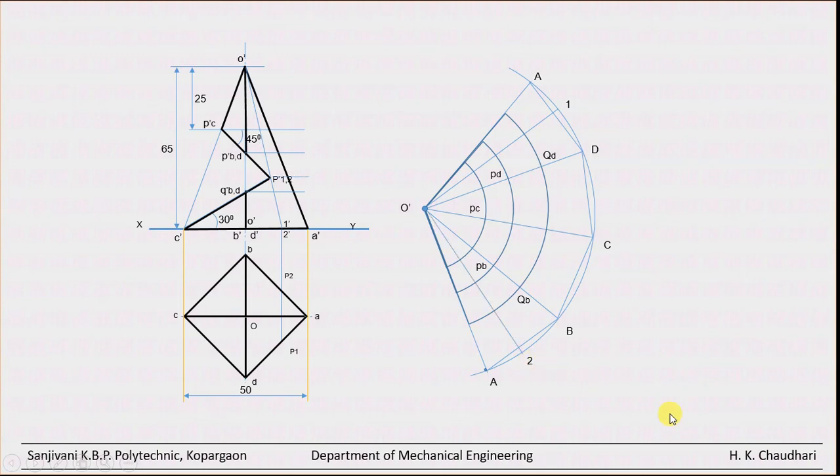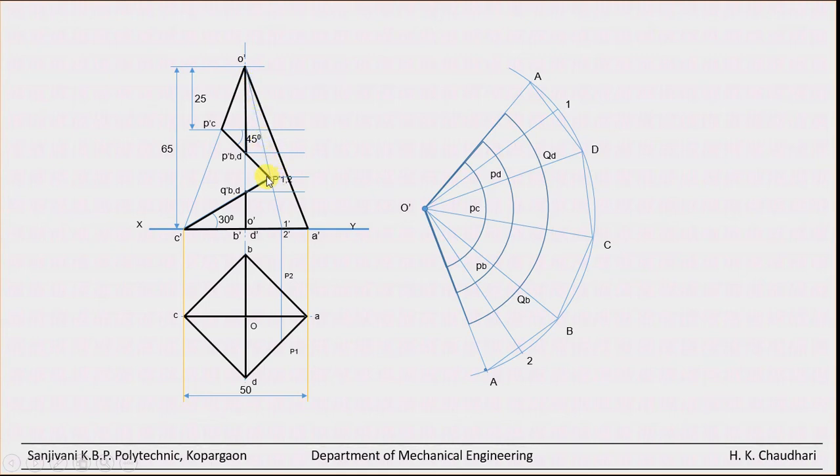Okay, now we have to locate the points. So now see, measure the distance from the vertex to this vertical distance, not the inclined distance. Not inclined distance means this. Okay, sorry, this distance.